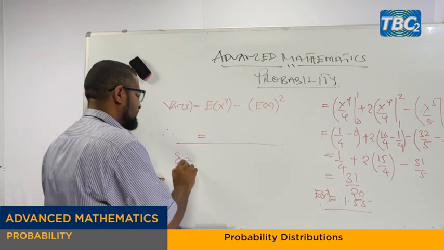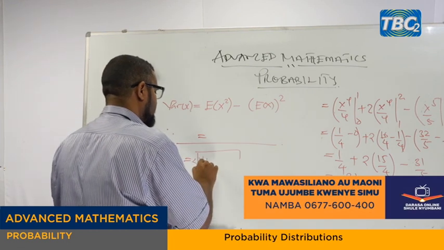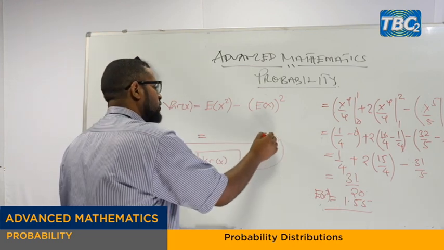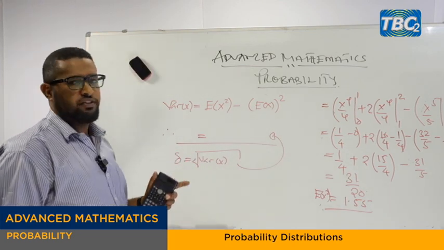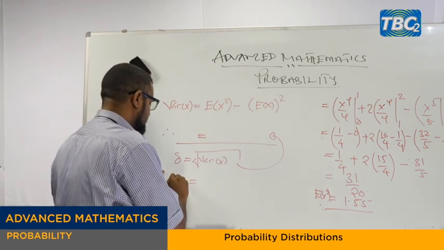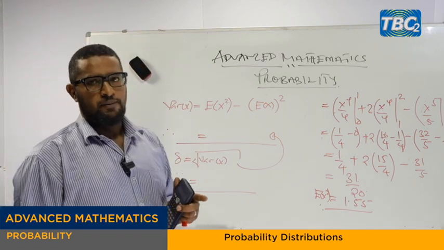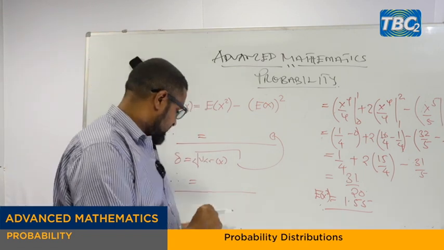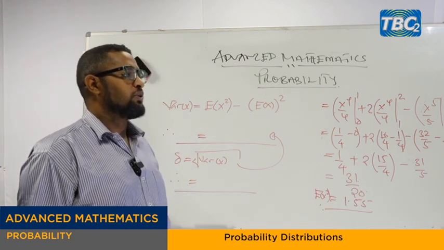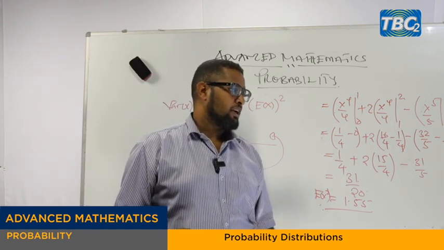Standard deviation is given by the root of variance of variable x. Because here you'll have the value of the variance, just take this value and plug it in, then use your calculator to finalize your solution. Up to that point, you'll be able to answer any kind of question concerning continuous random variable like that one.